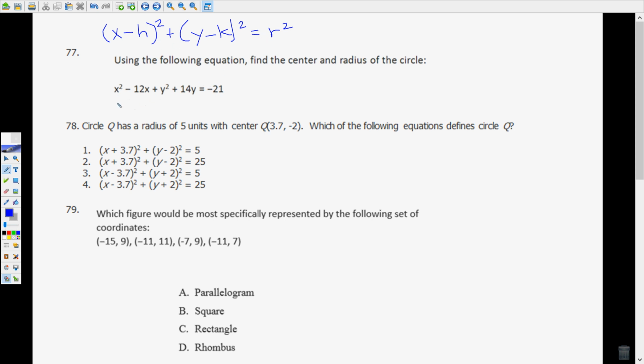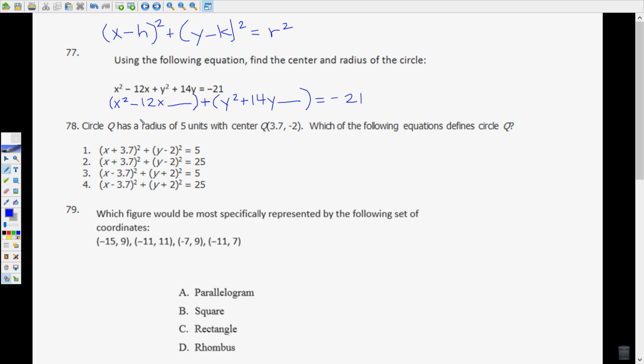So the way I like to do that is I like to leave blanks. So I say x squared minus 12x, and I need a blank right here. That's what I'm trying to figure out, is that third term in that trinomial plus, and I'm going to separate them by parentheses just so we can focus on what we're looking at here. Y squared plus 14y, and then a blank, and then equals negative 21.